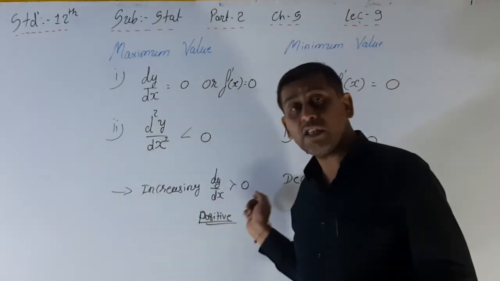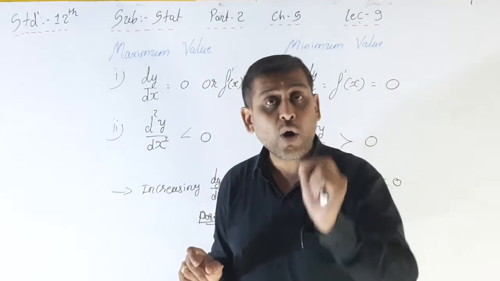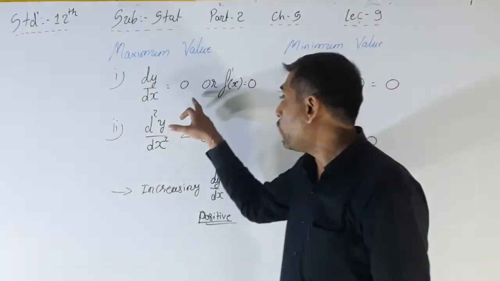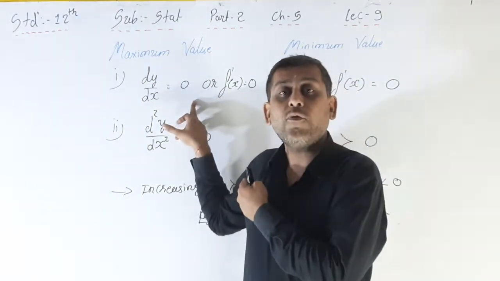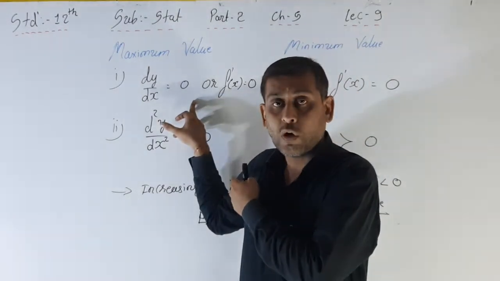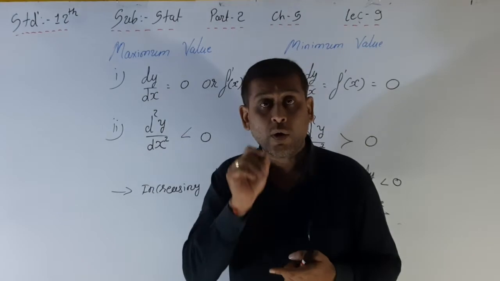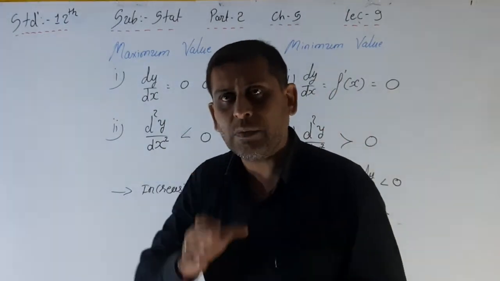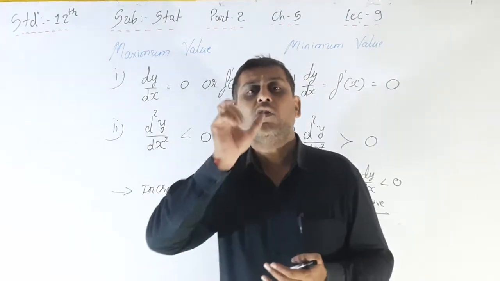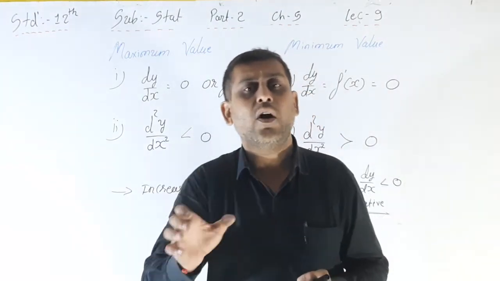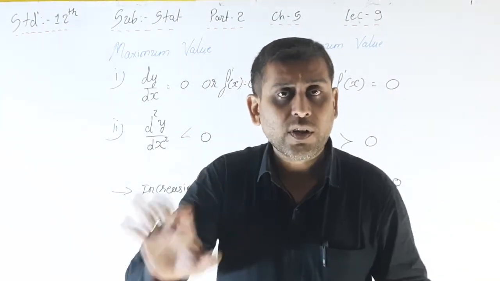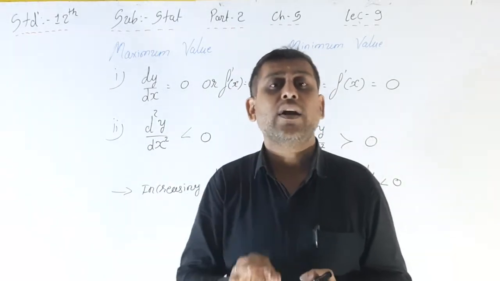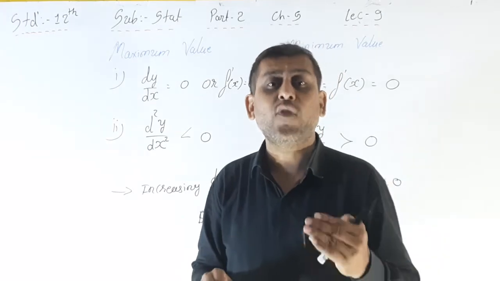Here in increasing decreasing function, the value of x is directly given in the question. Here we have to find the value of x, so we have to find the first differentiation. In the question of maximum minimum value, only y is equal to, or function f of x is equal to whatever the value is given, nothing else. And then we have to find the maximum and minimum value.